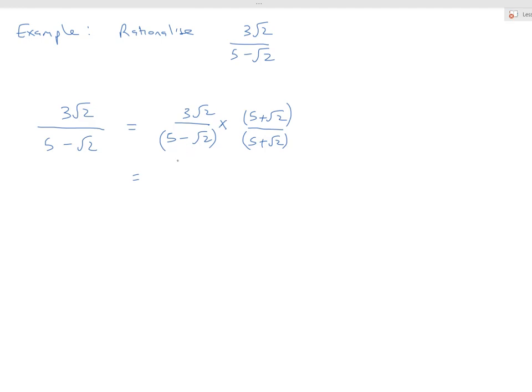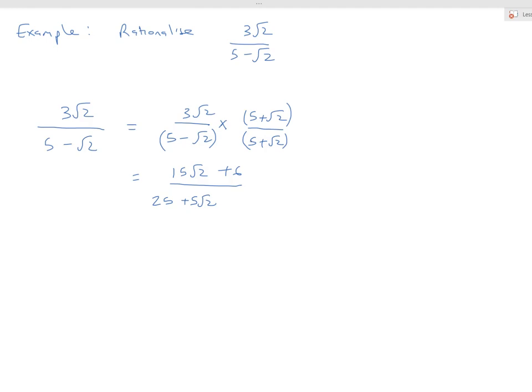Difference of 2 squares. So if we expand the top, 3 root 2 times 5, it's going to give me 15 root 2. And then 3 root 2 times root 2, it's going to give me 3 times 2, which is 6. So plus 6. Denominator, I got 5 times 5, which is 25. Then I got 5 times root 2, plus 5 root 2.